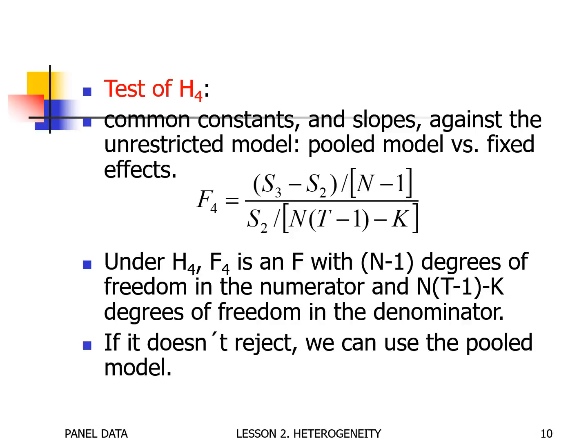The F-test that we are going to deal with here is very typical, and the idea is as follows. We are trying to compare the pool model and the fixed effect model. What would happen if the two are more or less the same? If the two are more or less the same, the sum square residuals S3 and S2 would be close.